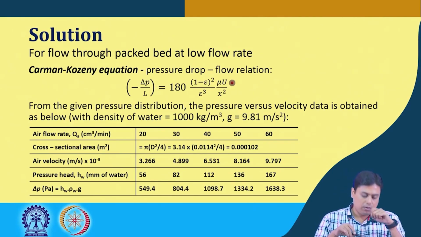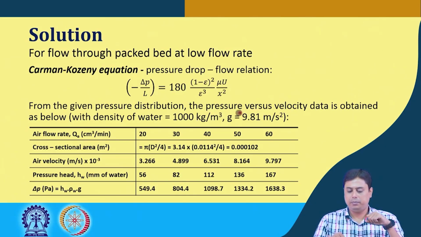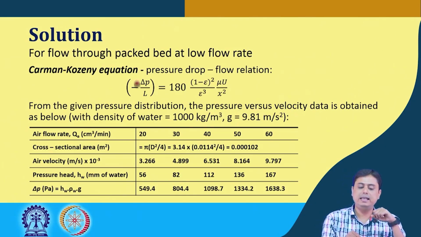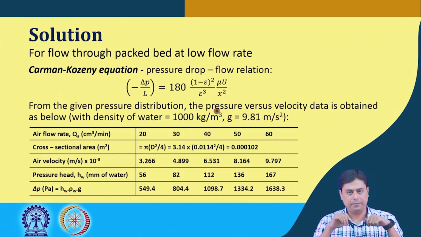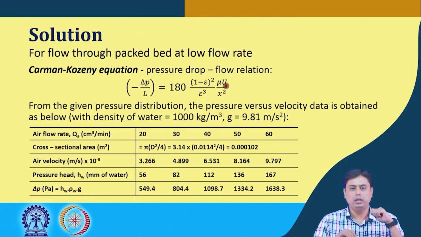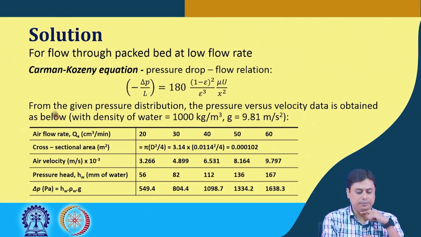So from the given pressure versus velocity data, that means del P versus U, if you plot this, it would give you a linear expression where the slope of that straight line is 180 (1 minus epsilon) squared divided by epsilon cubed, multiplied by mu by x squared, because del P versus U has a proportionate relation.